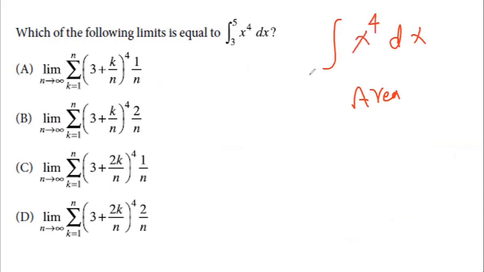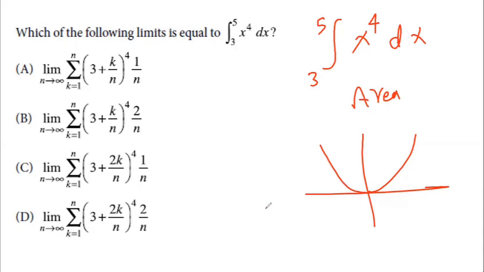And we want that area between 3 and 5. If we do some basic algebra, we can recall that x to the power 4 will look something like this, and you're trying to find the area between 3 and 5. So this is the area that you're looking for.